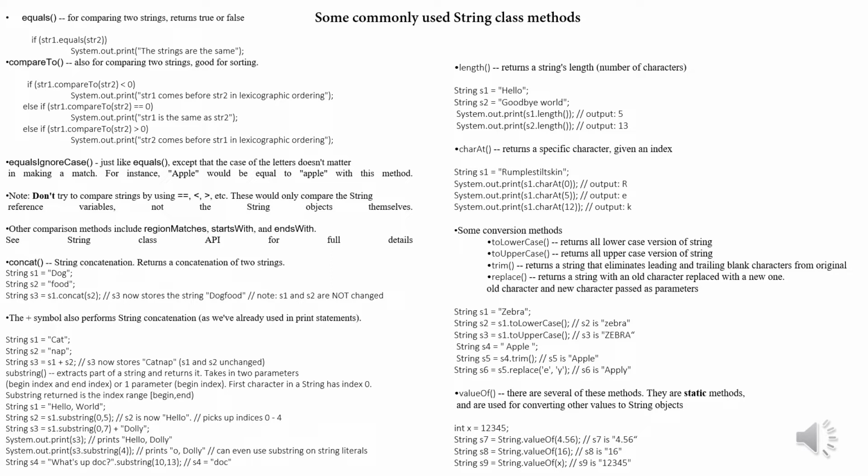The next one is a string s4 be whatsapp doc dot substring 10 and 13. Right, so we have this string whatsapp doc, and what we want to have is the substring in the range of 10 to 13. So now s4 is doc, right? Because that's the substring that is located in the position with index in the range of 10 to 13.